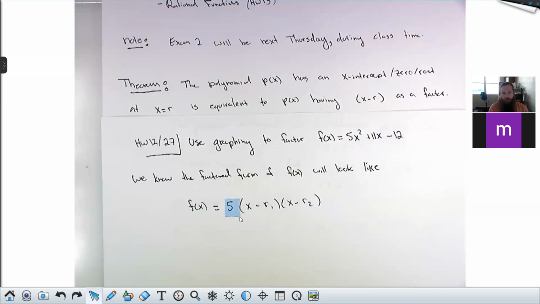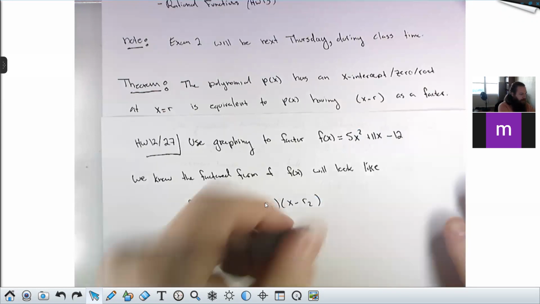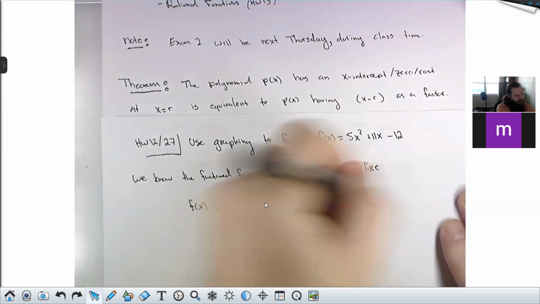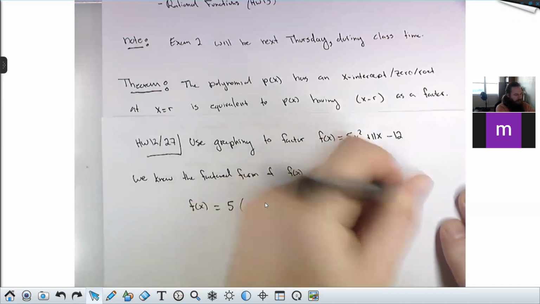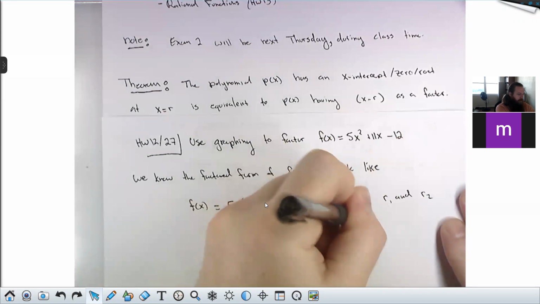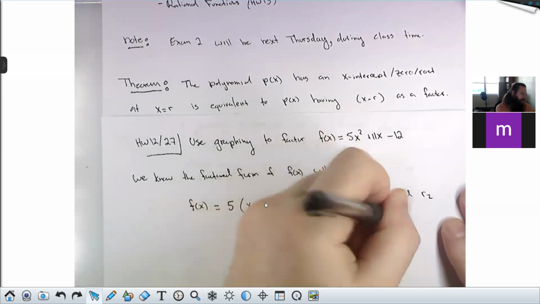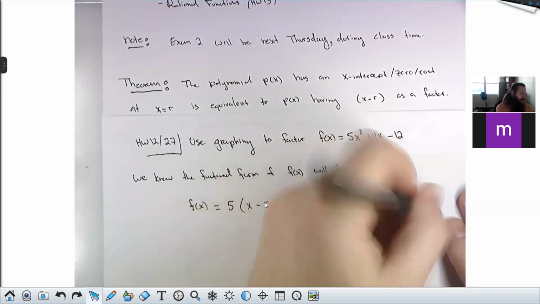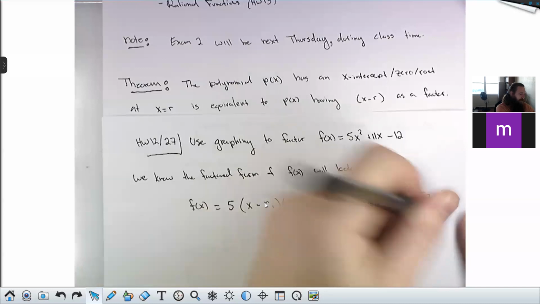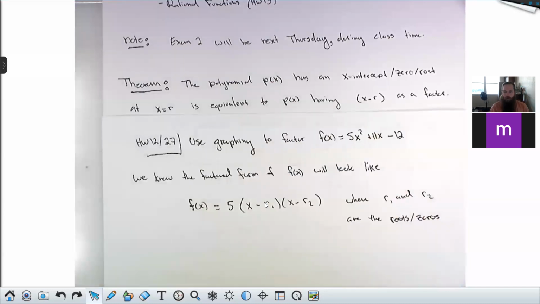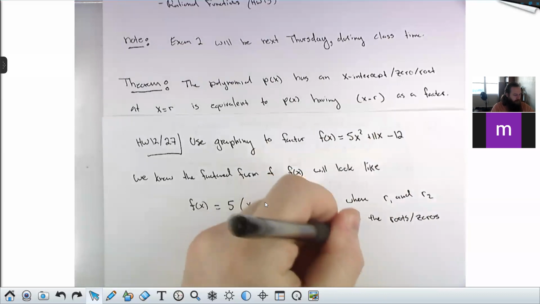But you can pull the 5 all the way out, and this is the standard way of writing the factored form. So where R1 and R2 are the roots or zeros, right? The x values of the x-intercepts.